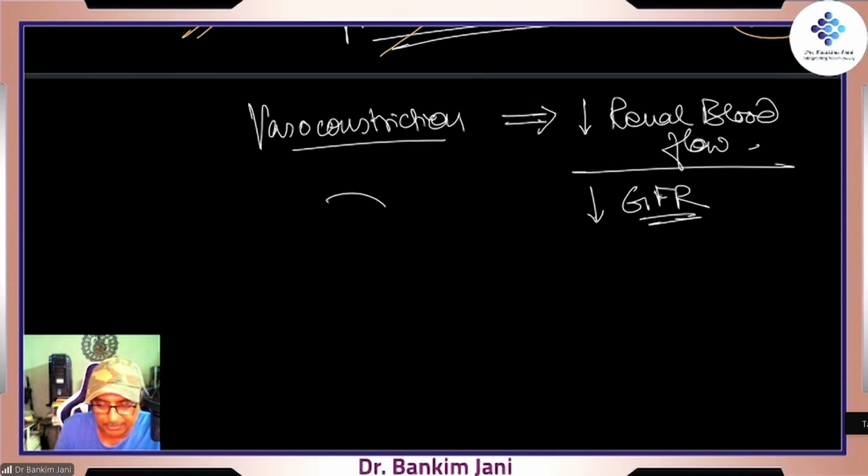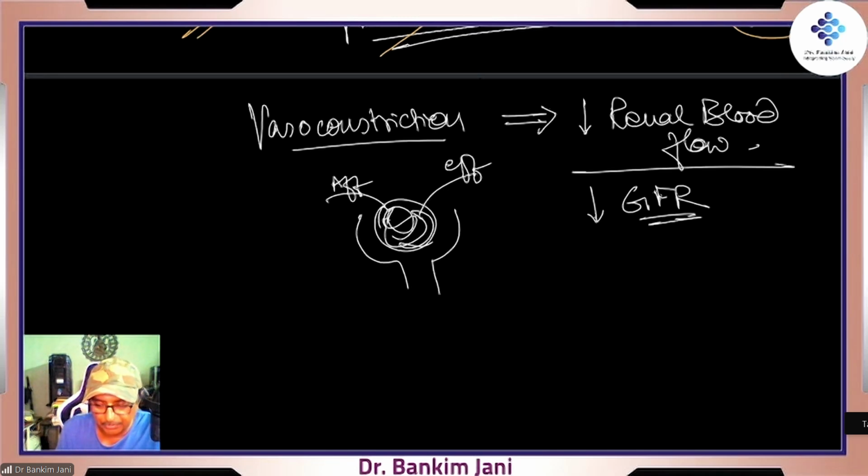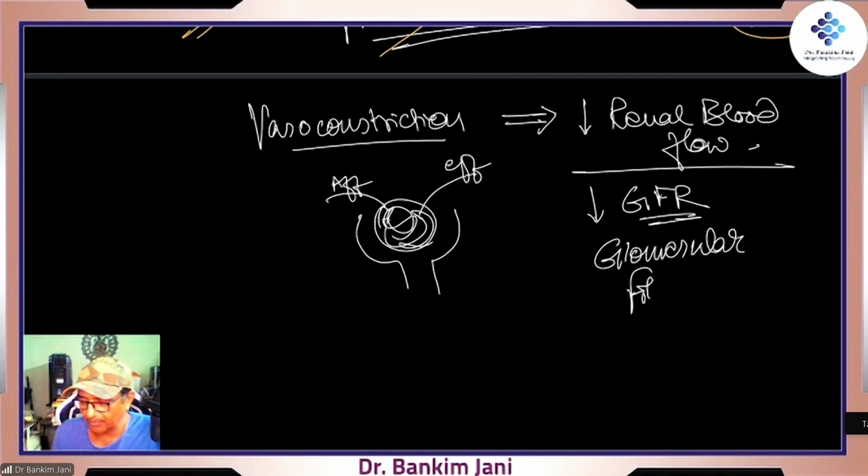So here, this is the afferent. These are the tuft of capillaries. This is the efferent. This is the Bowman's capsule. This whole thing is called the glomerulus. So at what rate is it really filtering the blood? Obviously less blood is going, so there would be decreased glomerular filtration rate.